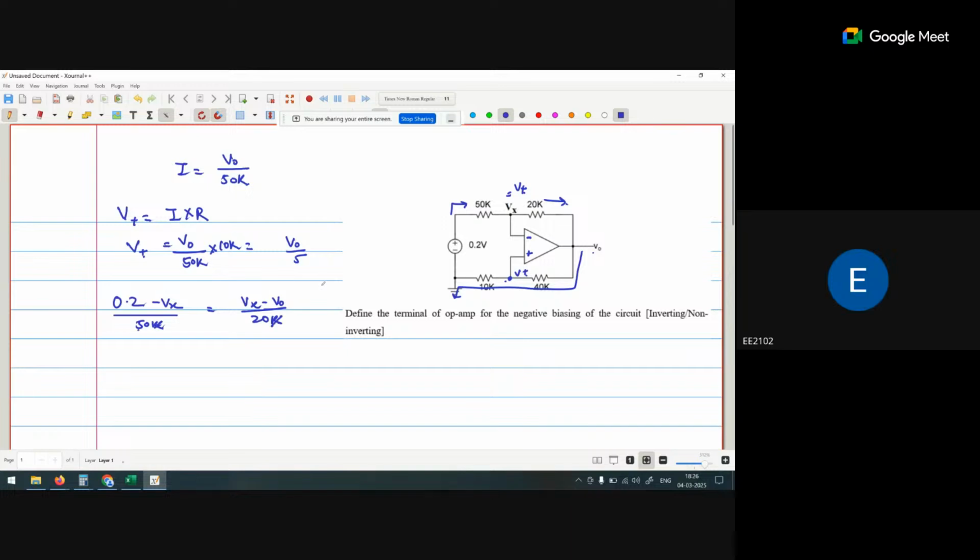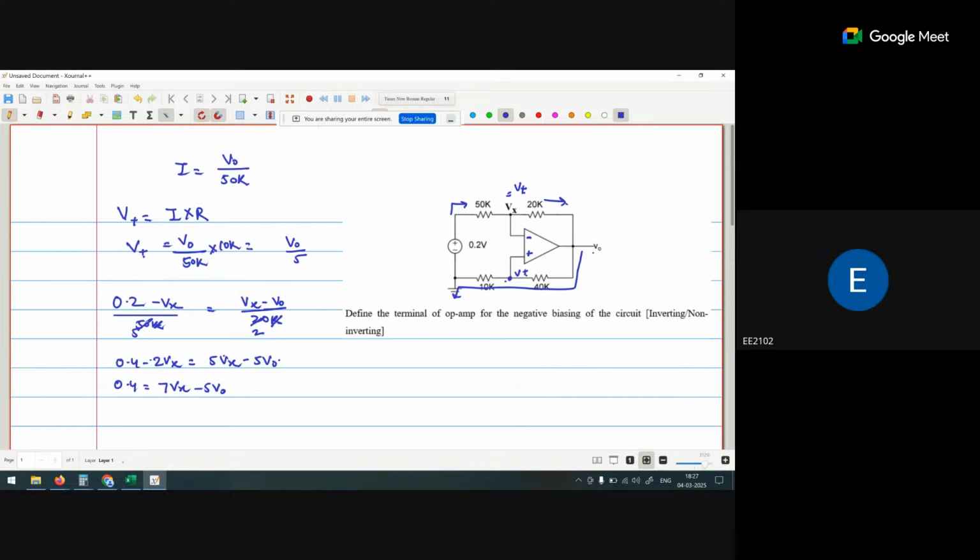The k's cancel out, so it becomes 5 and 2. So 0.4 minus 2Vx is equal to 5Vx minus 5V naught. So it becomes 0.4 equals 7Vx minus 5V naught.